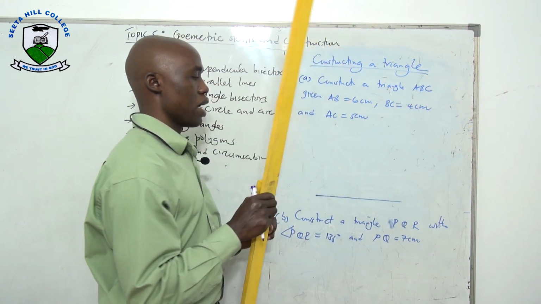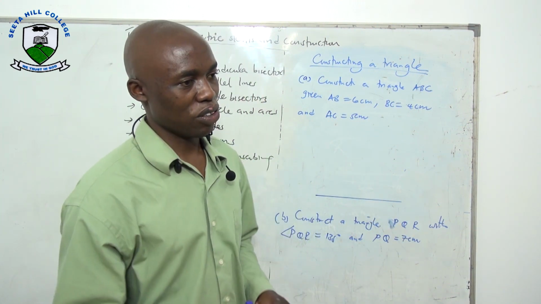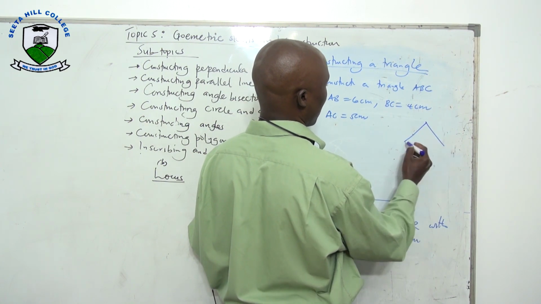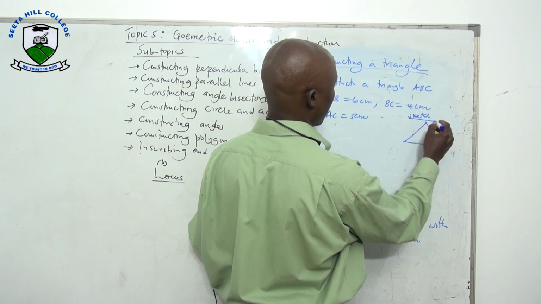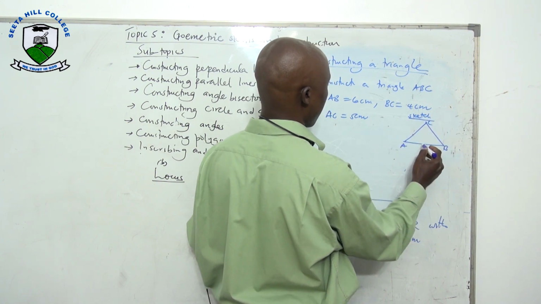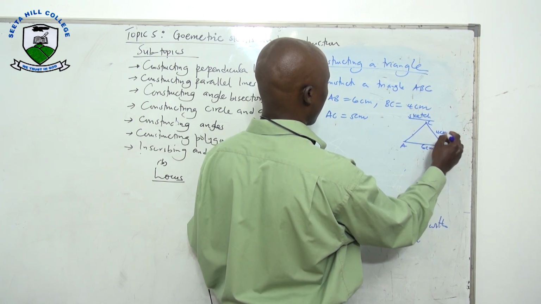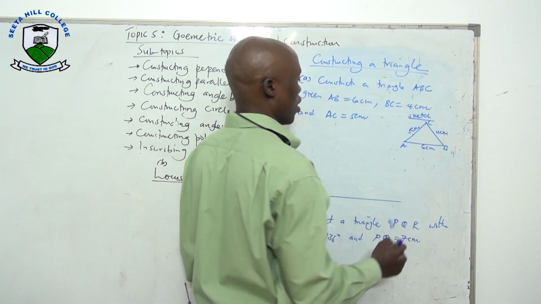It's wise to have a small sketch, not so? And you locate A, B and C, knowing that AB is 6, BC is 4, AC is 5.